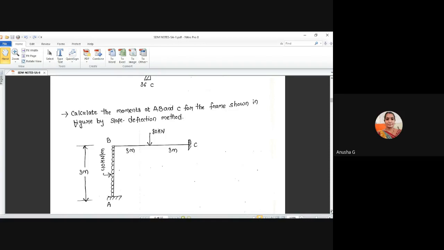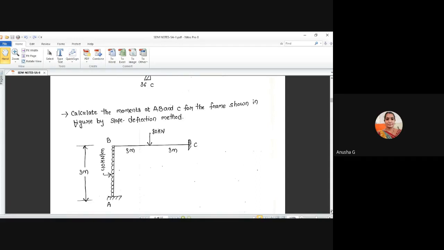Okay, AB distance is 3 meters, BC distance is total 6 meters, but the load is acting at the center, that is 80 kilonewton. If you note down the figure, and then you have to write and then share your answer.